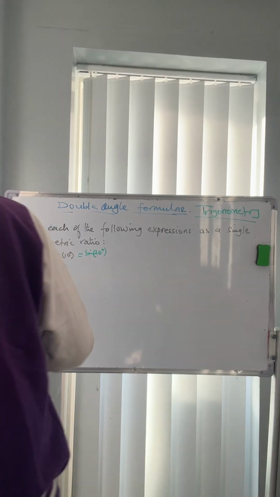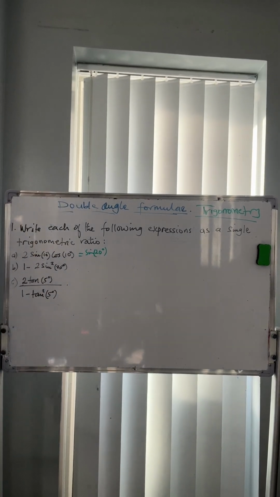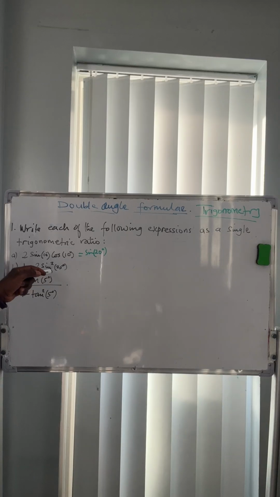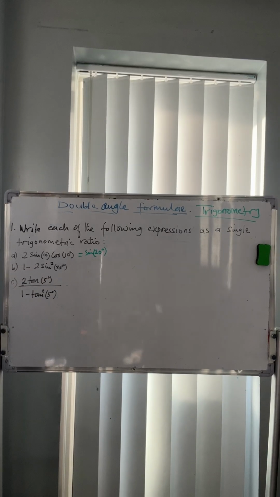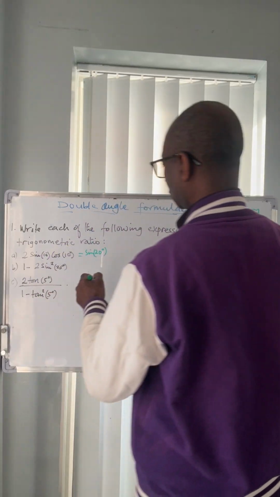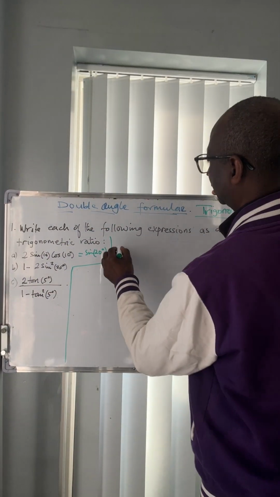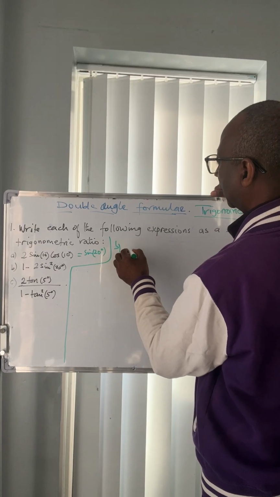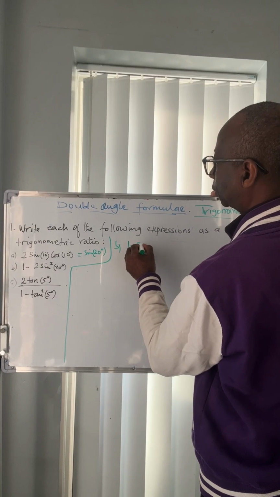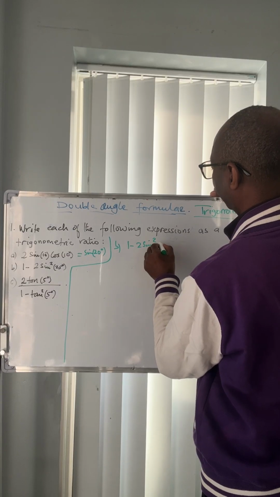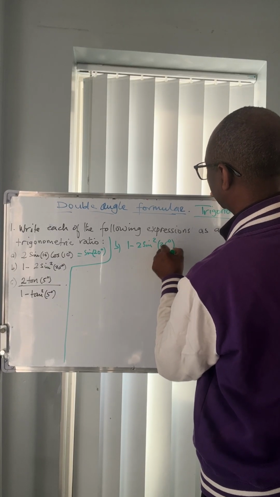We are looking at part B of this question. Part B says 1 minus 2 sine square 25 degrees.